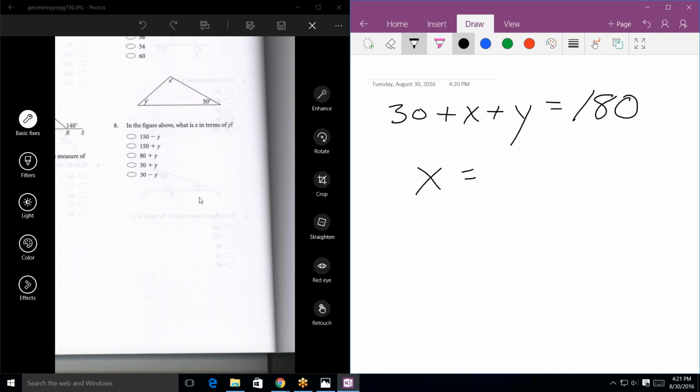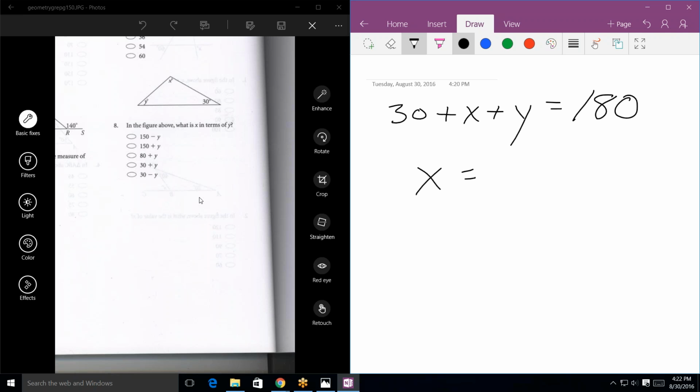Okay. So, do they give me enough values? Notice that all 5 answers have y in them. So I see why you asked that question.